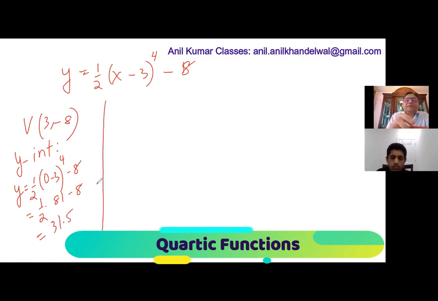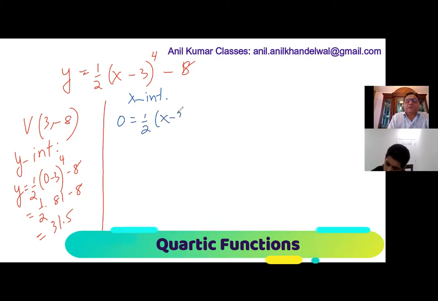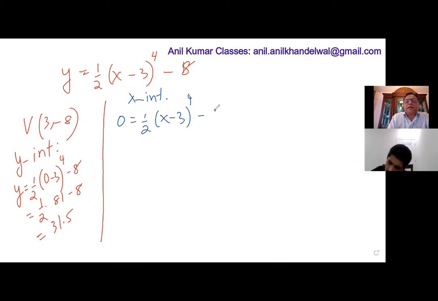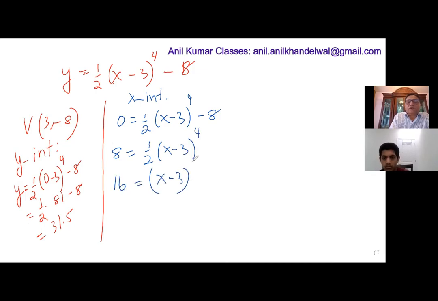How will you find the x-intercept? You set y equal to 0. Let's calculate. 0 equals half x minus 3 to the power of 4 minus 8. So 8 equals half x minus 3 to the power of 4. 16 equals x minus 3 to the power of 4. So fourth root of 16, correct? x minus 3.